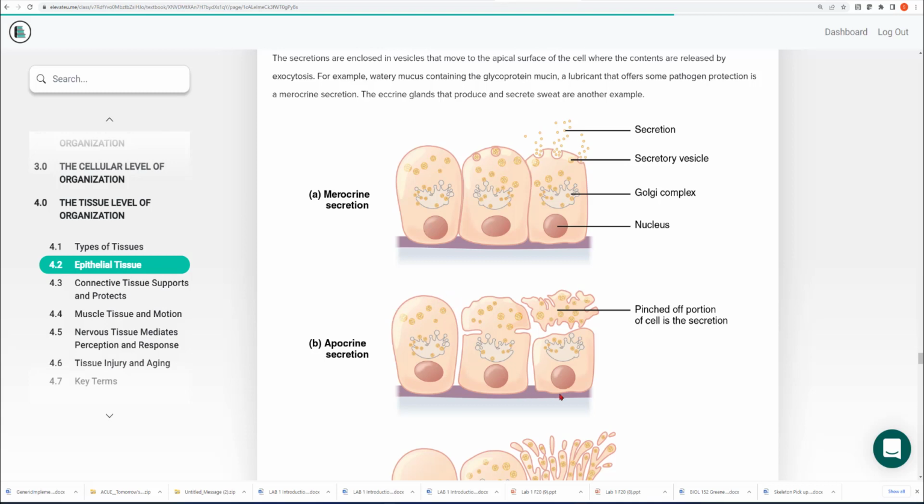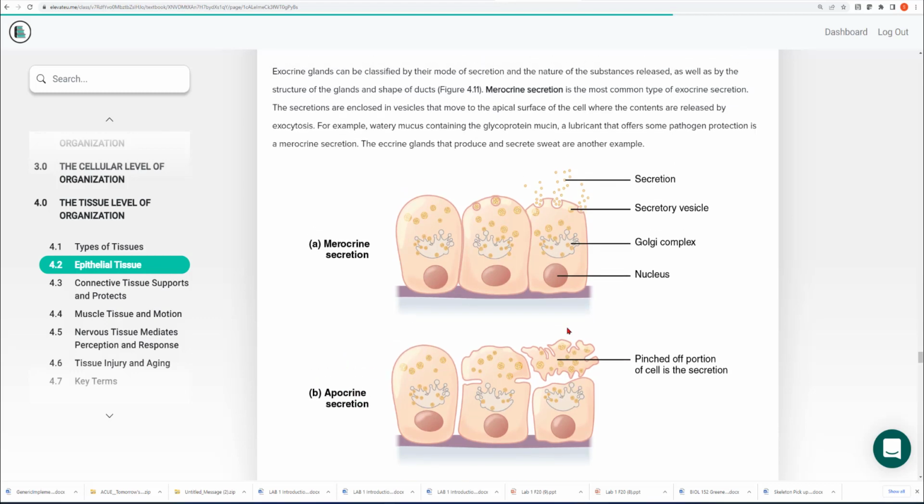Remember, down here where the cells are attached to the basement membrane, this is the basal side of the cell, and the top of the cell is called the apical side. So in apocrine secretion, a portion of the apical part of the cell is released. Apocrine, the apical portion pinches off.